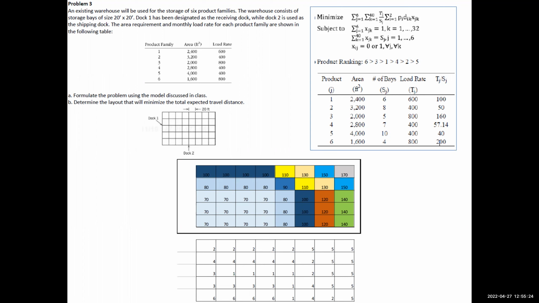That ranking tells me which products are more relevant in terms of placing them closer to the doors, meaning I want the products that are moved the most to be located in the best locations in the warehouse, best in terms of weighted distance traveled. If a product is not moving much, I can put it far away from the doors. If a product is moving a lot, I want to locate it in the best locations, so it's easy for me to access.